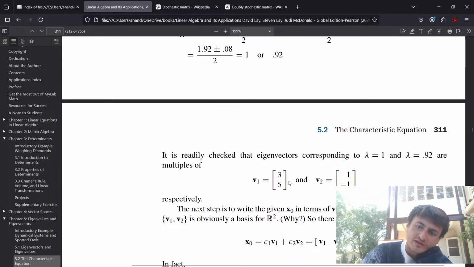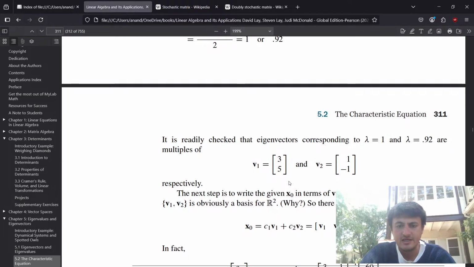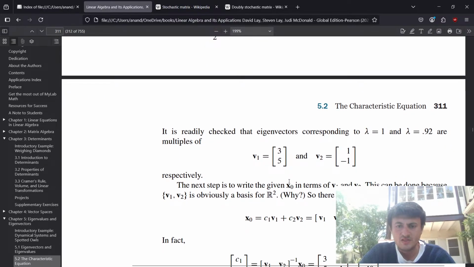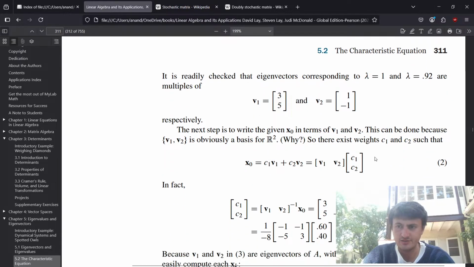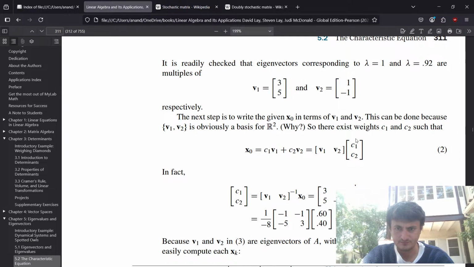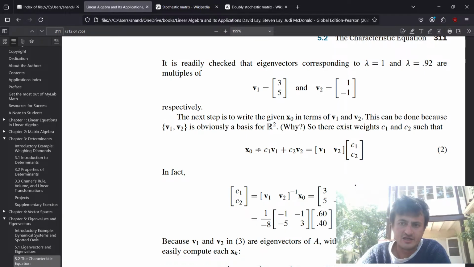The next step is to write x0 in terms of v1 and v2. This can be done because v1 and v2 are a basis for R2, because they're not multiples of each other. So there exist weights C1 and C2, and x0 can be written as a linear combination of the eigenvectors.